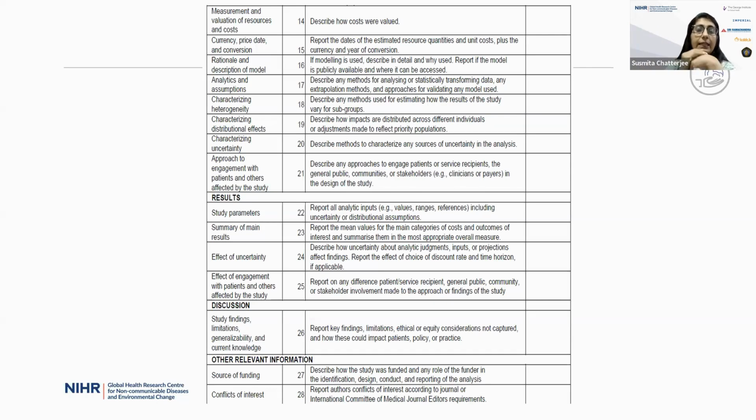Then there will be a discussion where you talk about the study findings, limitations, generalizability, etc. Other important factors are the source of funding, conflict of interest, etc. You also need to report those.